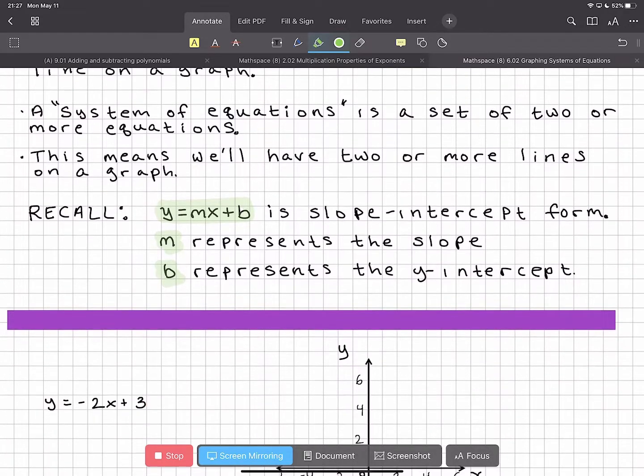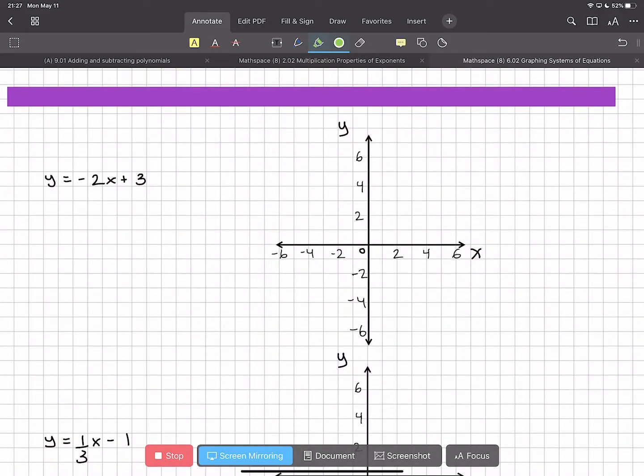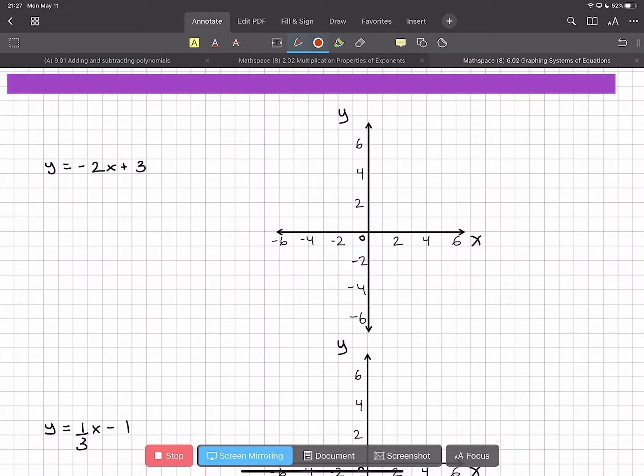So let's go ahead and review how to graph these, and then we'll go from there to graph a system. So I've got the equation y equals negative 2x plus 3. The first thing I'm going to do is identify my slope, which is negative 2.